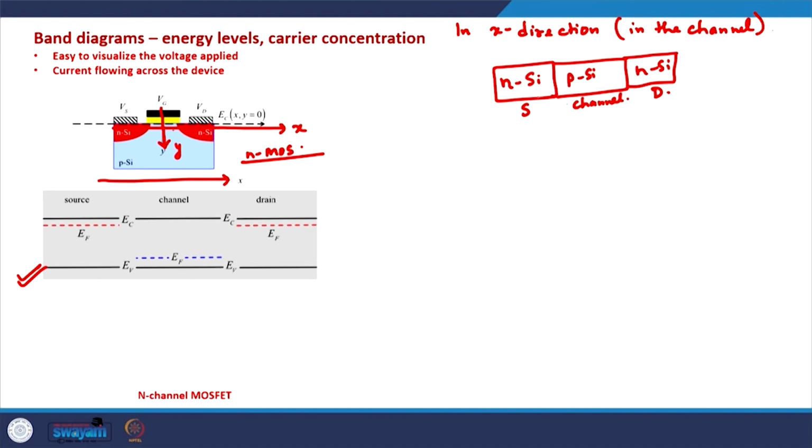In that case, all these three types of materials are far apart from each other. We will have N silicon, P silicon, and N silicon far apart from each other.